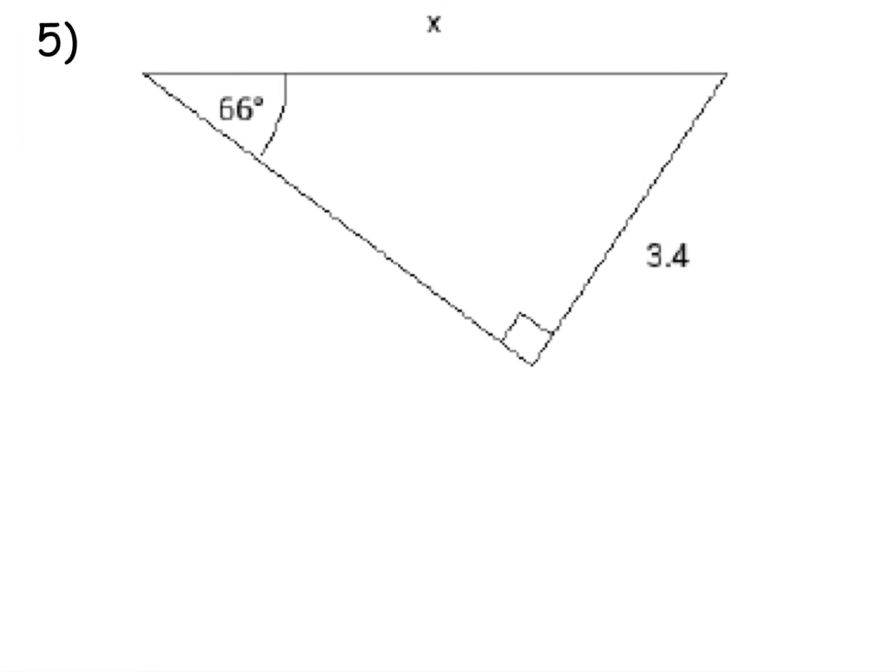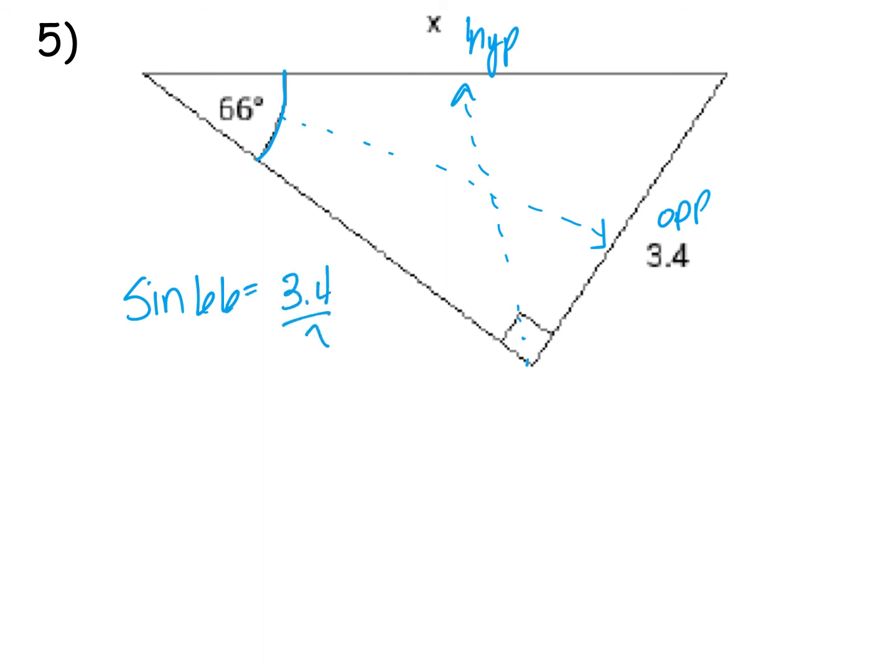My angle is 66, so here's my side opposite of my angle. Here's my right angle, and it's shooting an arrow towards my hypotenuse. So I've got sine of 66 equals 3.4 over x, and this is over 1. I'm going to cross multiply.